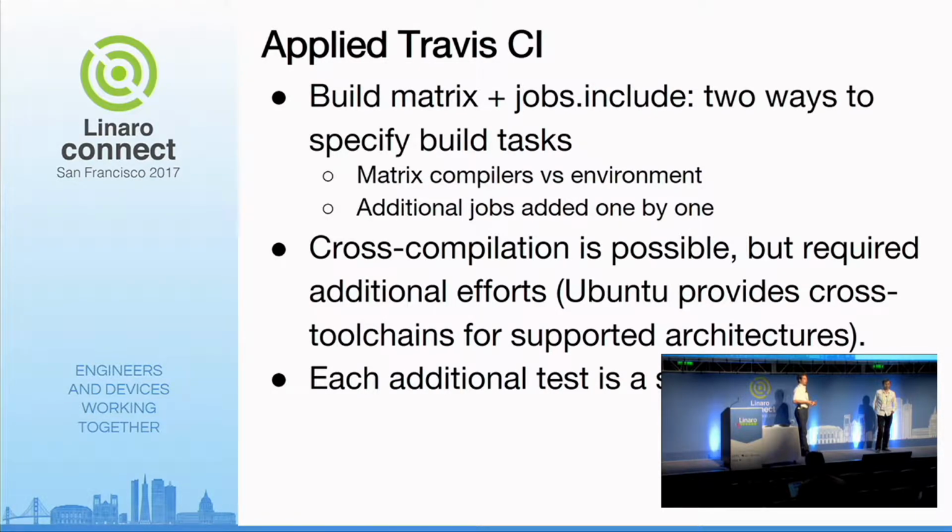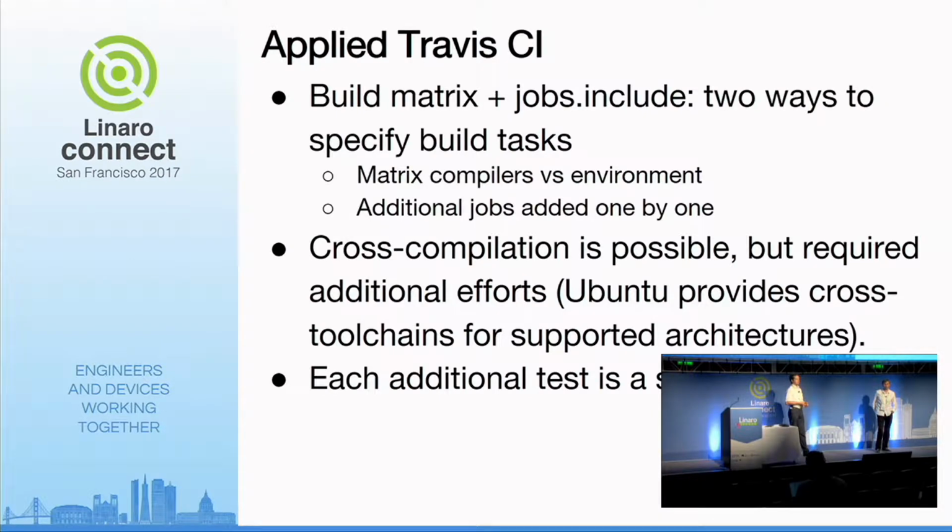It's possible to add additional jobs one by one, which we used to enable single specific tests in our configuration. We started with a simple Travis configuration, then we added cross-compiling tests because we needed to really check that our project works and can be compiled for different platforms.